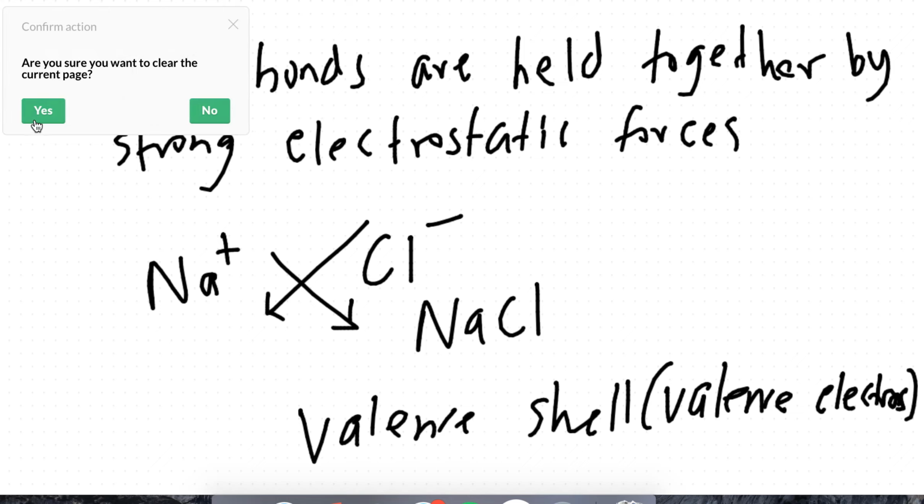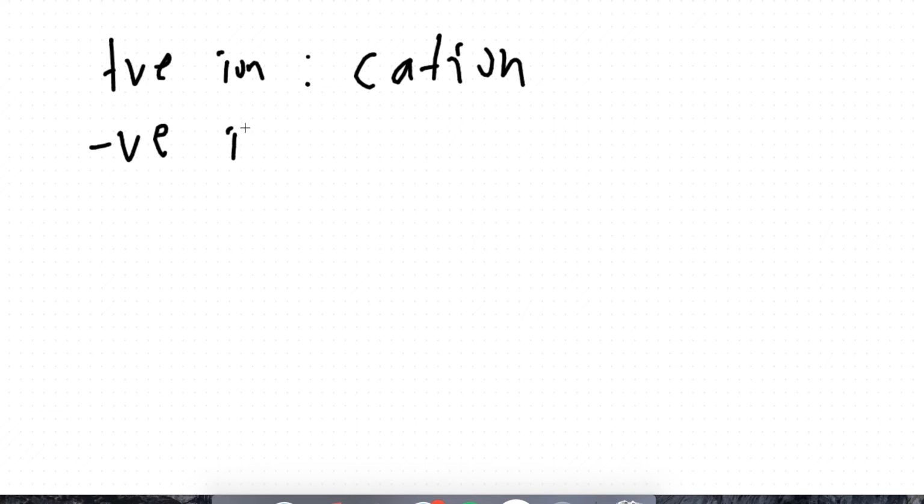And there are terms for this, okay? A positive ion is called a cation. The negative ion is called an anion. Now, we'll see cations and anions a lot in chapter 6, electrolysis. So, it's good if we start to understand them now.